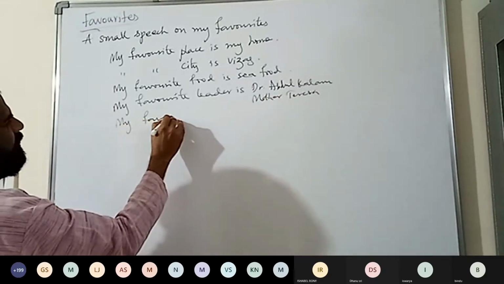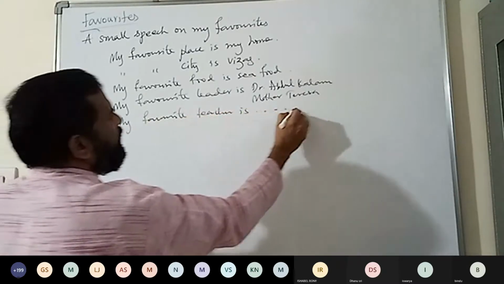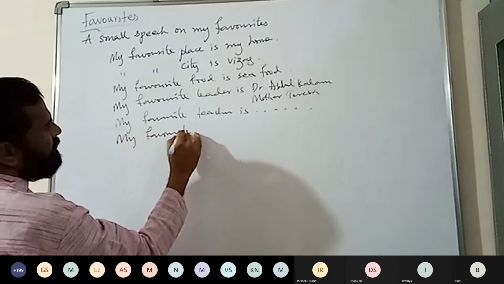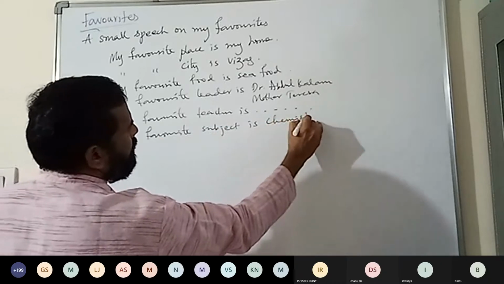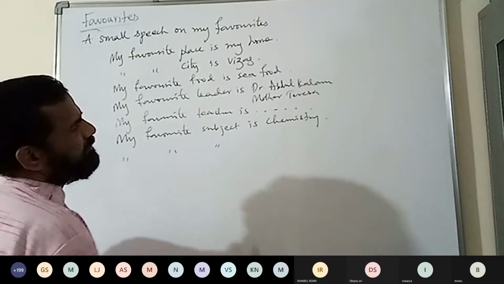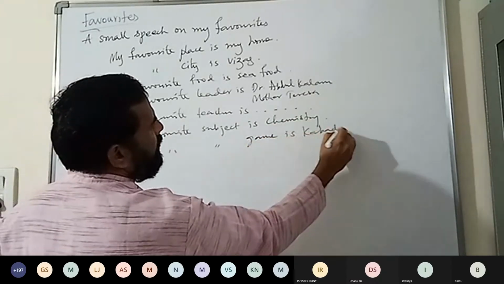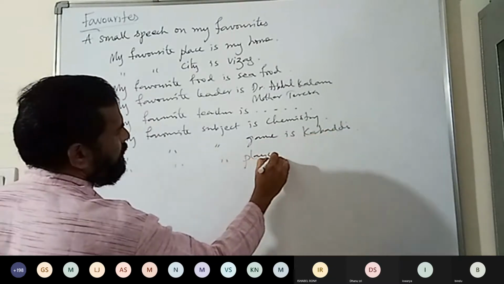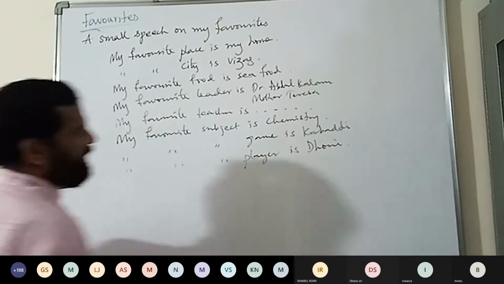My favorite teacher is, you can write any name. My favorite subject is chemistry. My favorite game is kabaddi. Example. My favorite player is Dhoni. Let us say.